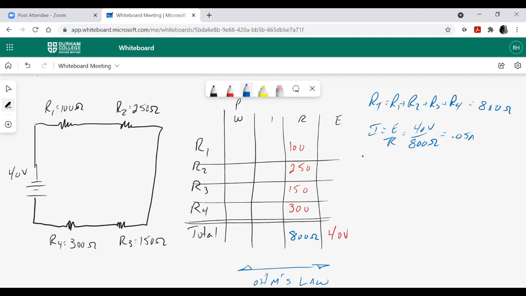Is that right? That right? 0.05 amps. Well, that's what the calculator says. Is it actually right? That's not quite right. You missed a zero there.